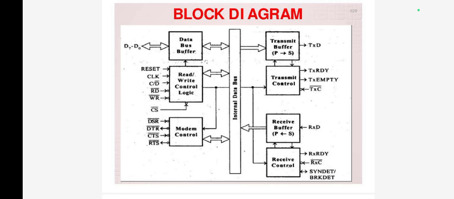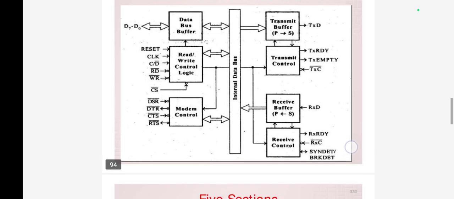Similarly, the receive buffer converts serial to parallel data. Read write control logic consists of reset, clock, read bar, write bar. Modem control also has its control signals, and receive control has receive ready and synchronous detect.